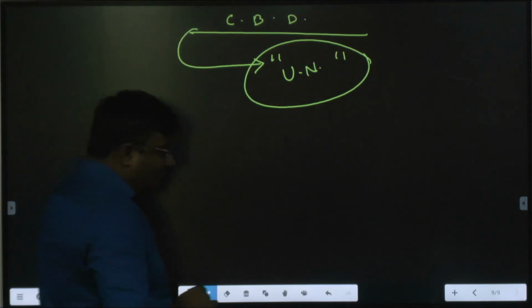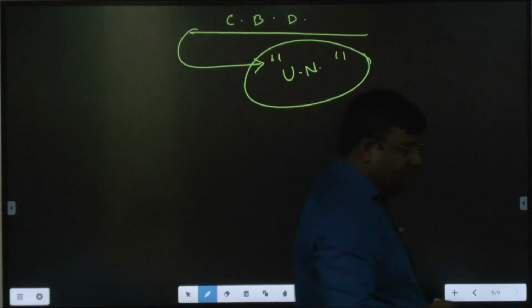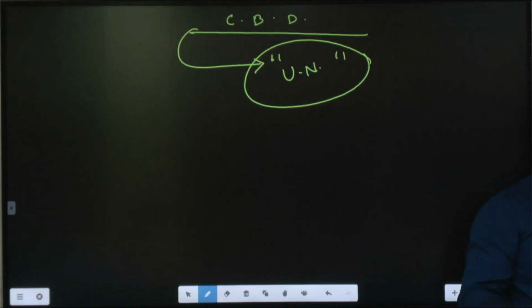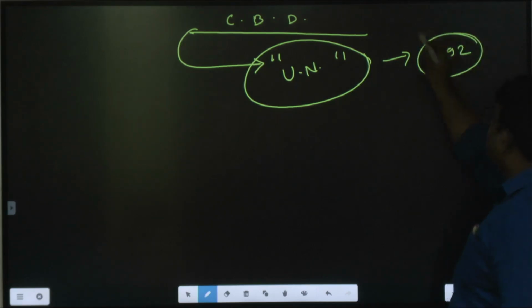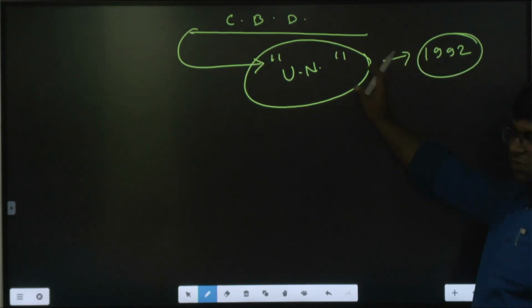United Nations actually, you can say, released this convention or released this agreement known as CBD in the year of 1992. This agreement was signed at the platform of United Nations in the year of 1992.